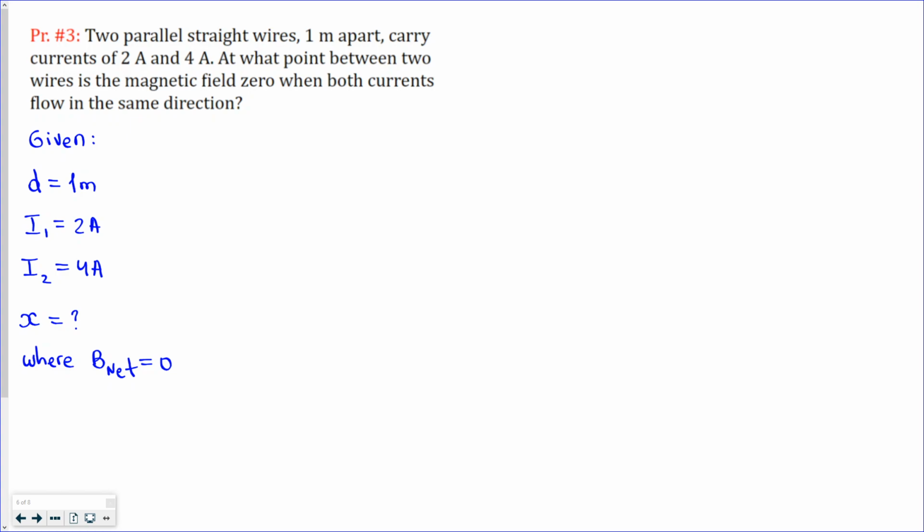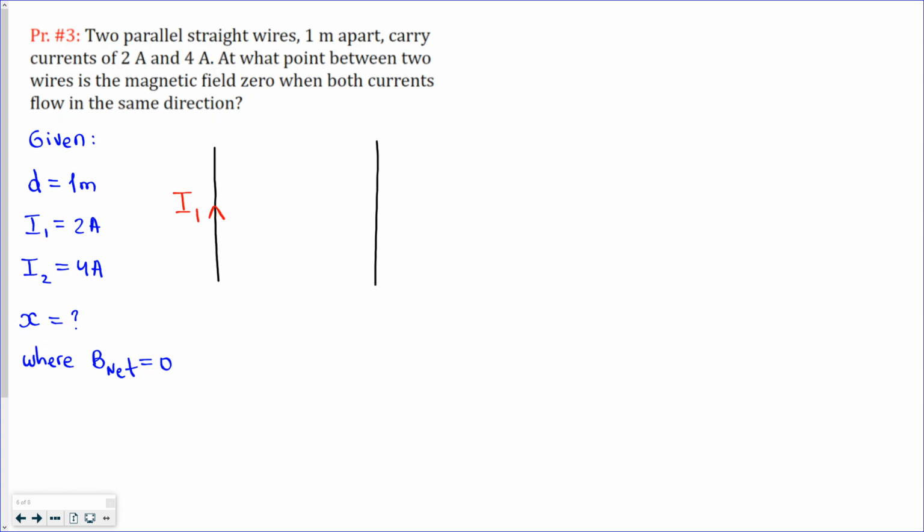First of all, let's draw the two parallel wires, and let's assume that the first wire has a current flowing upwards.